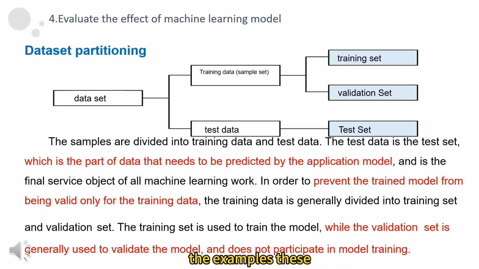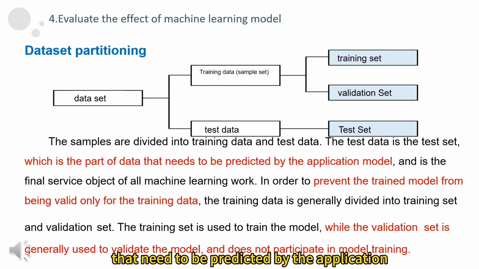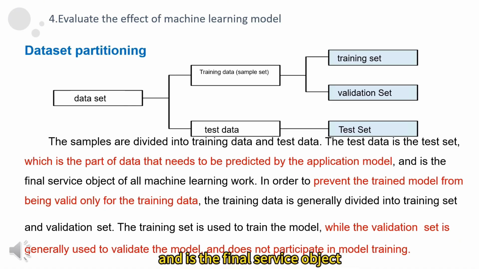The samples are divided into training data and test data. The test data is the test set, which is the part of data that needs to be predicted by the application model, and is the final service object of all machine learning work.